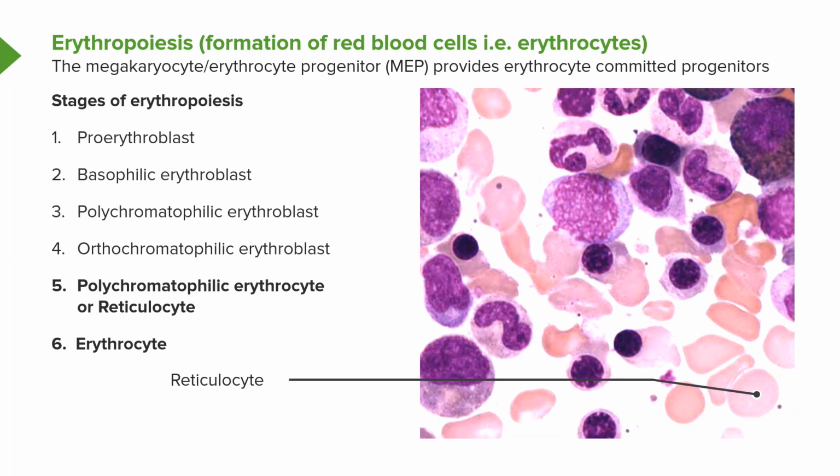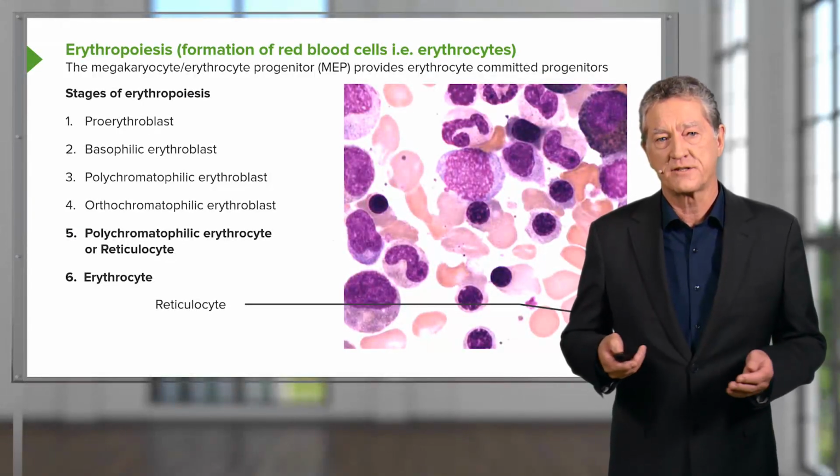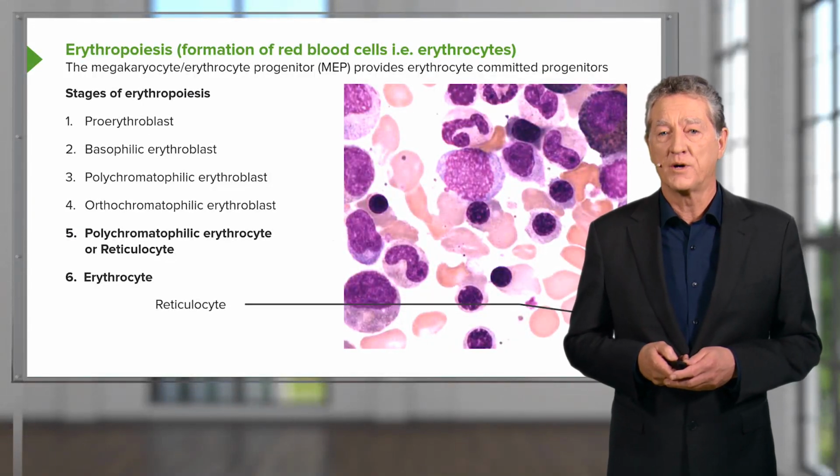And the reason why it's now referred to as a polychromatophilic erythrocyte, or sometimes we refer to this as being a reticulocyte, is because as the cell gets smaller, the cell still retains a little bit of the factory that synthesizes hemoglobin. The cell has lost its nucleus, which is why we call it a reticulocyte, as opposed to a normoblast.